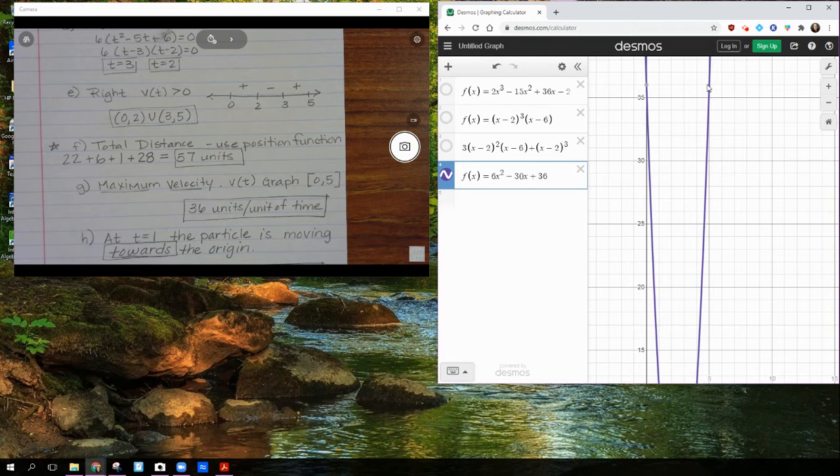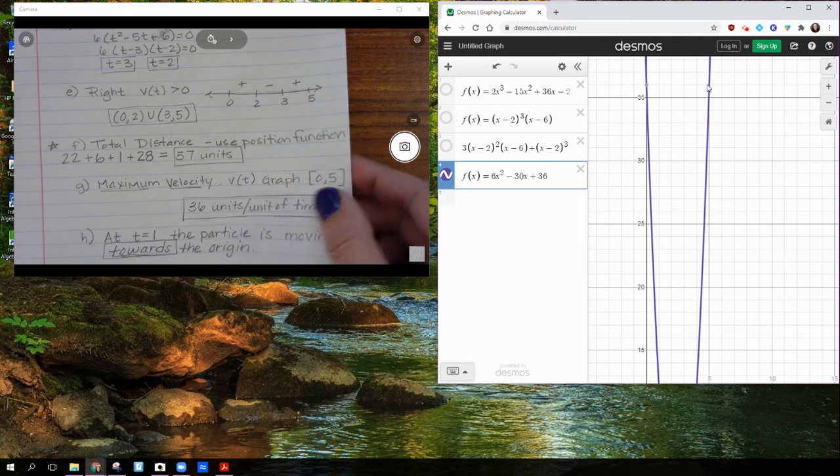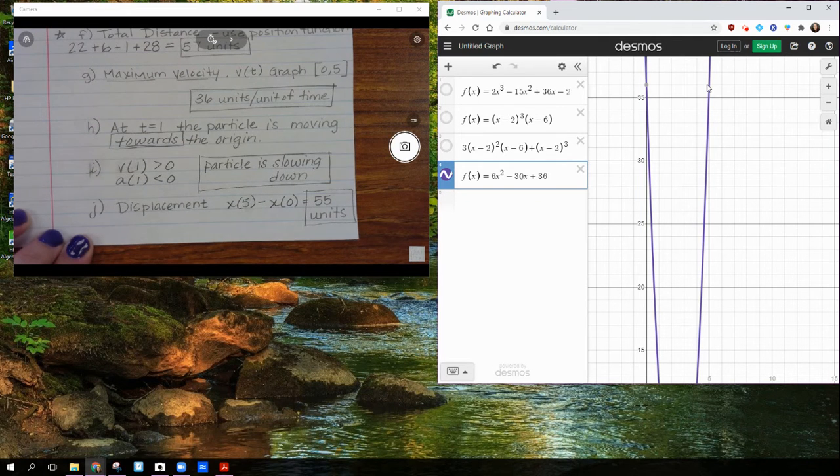Okay, now letter H. This one also was commonly missed, and I understand your thinking completely, but you got to pay close attention to where you are, right? So the question was, is the particle moving towards or away from the origin at t equals 1?